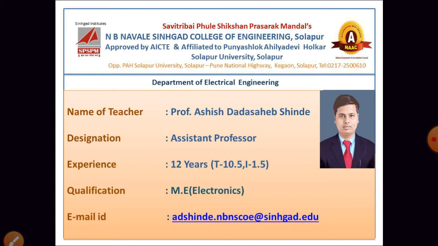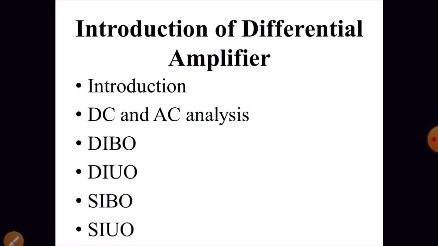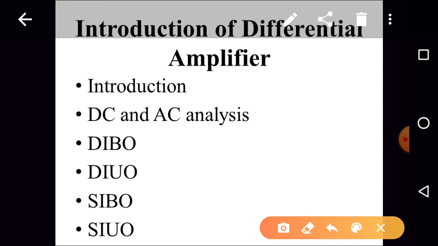Now today we are going to study introduction of differential amplifier. In that we have to study introduction, DC and AC analysis, and types of differential amplifier, that is DIBO, dual input balanced output differential amplifier.